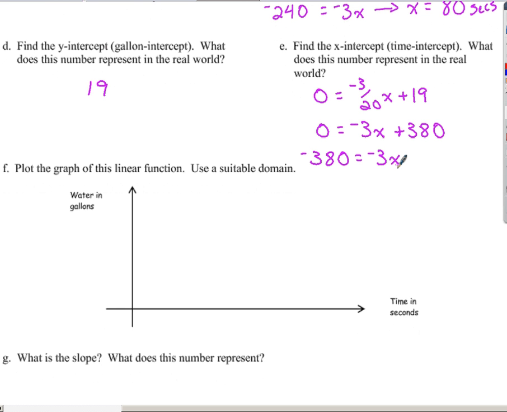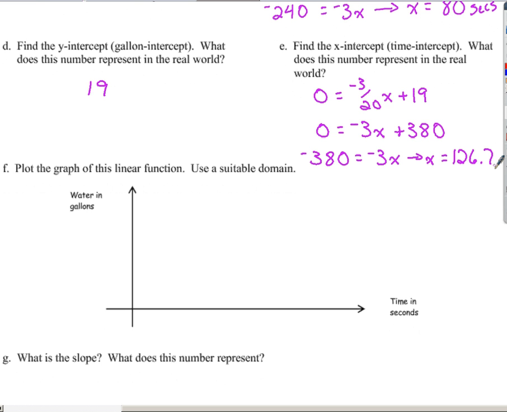If you divide both sides by negative 3, x is going to equal 126.6 repeating. So 126.7 if you want to round off. If you want to give me a mixed number, you could say 126 2/3.